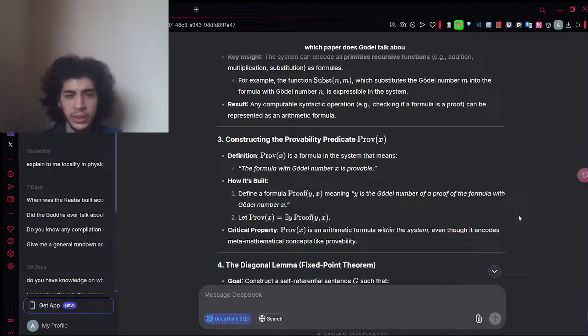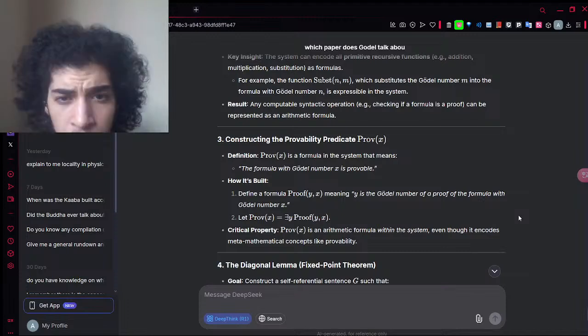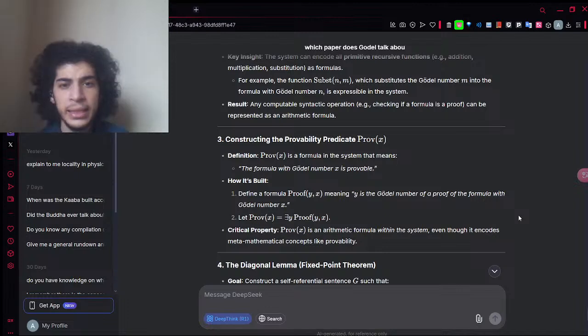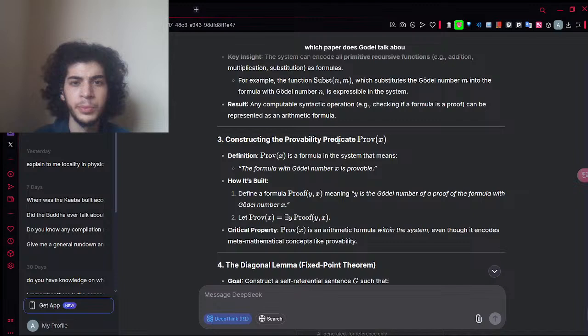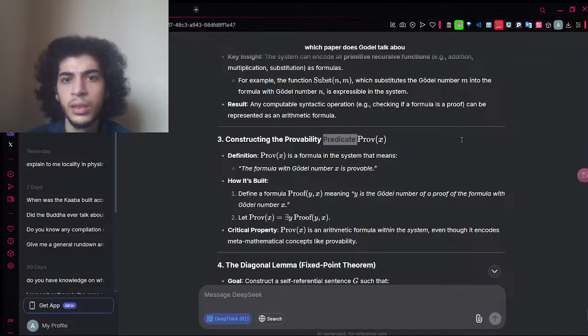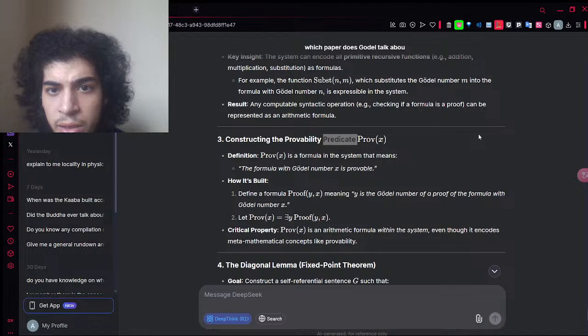Definition: Prov(x) is a formula in the system that means the formula with Gödel number x is provable. Provability predicate. What does predicate mean? The part of a sentence or clause containing a verb and stating something about the subject.